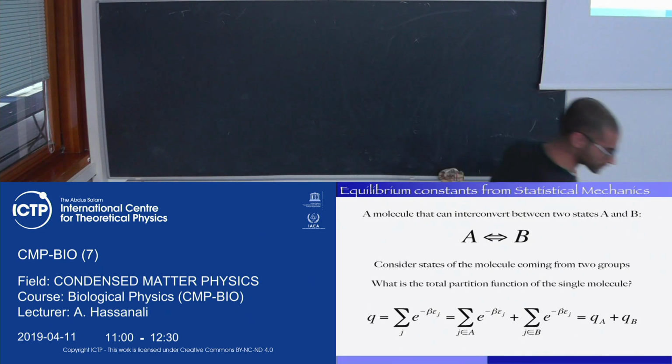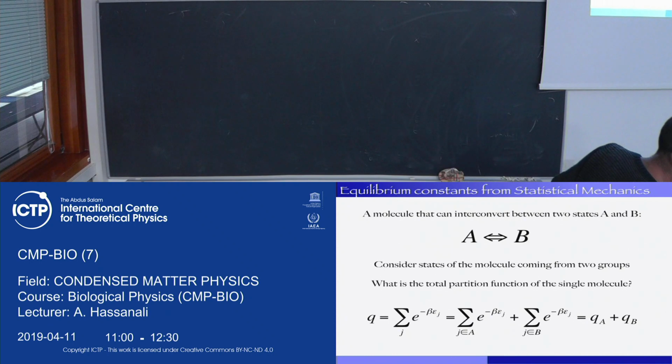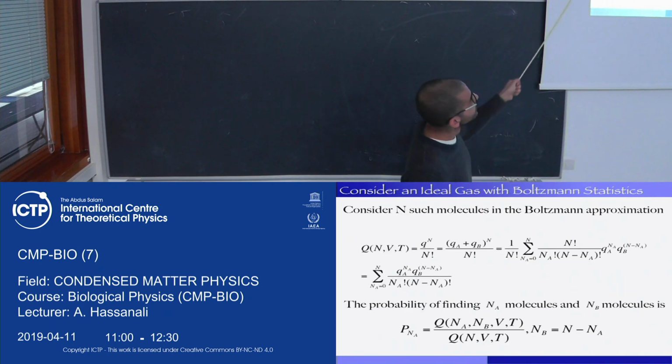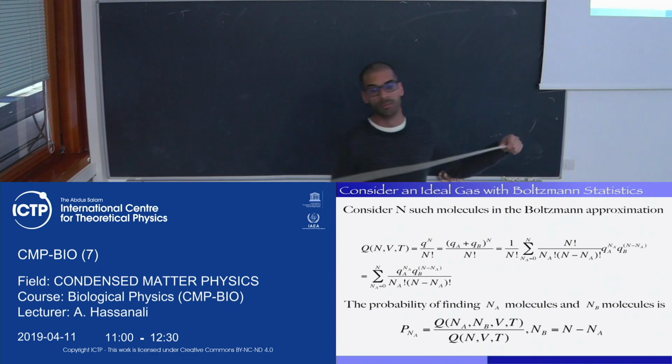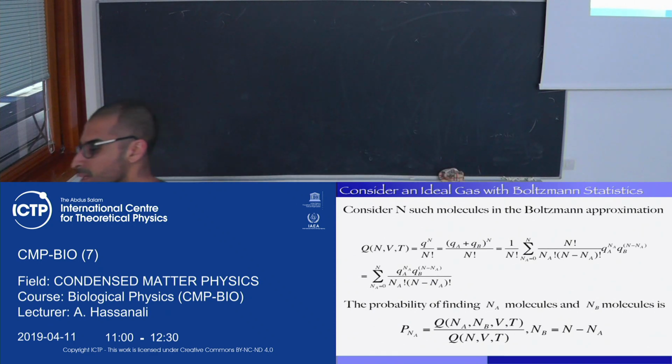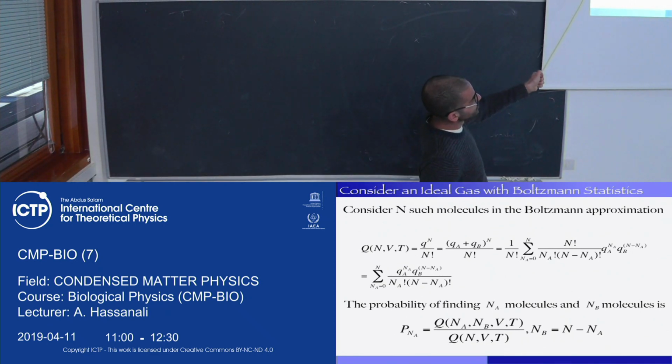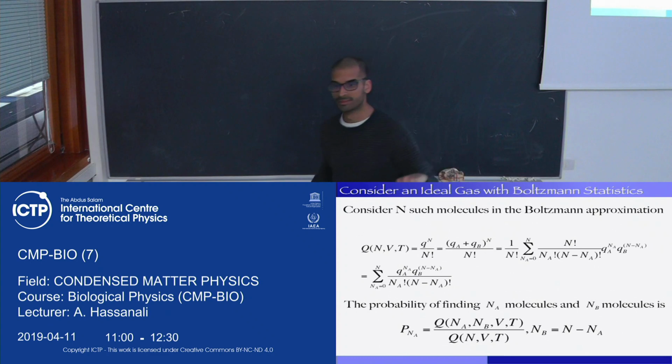That's for one particle, one molecule. Now I have an ensemble of these N particles or N molecules. The total partition function using the Boltzmann approximation is this binomial type expansion.